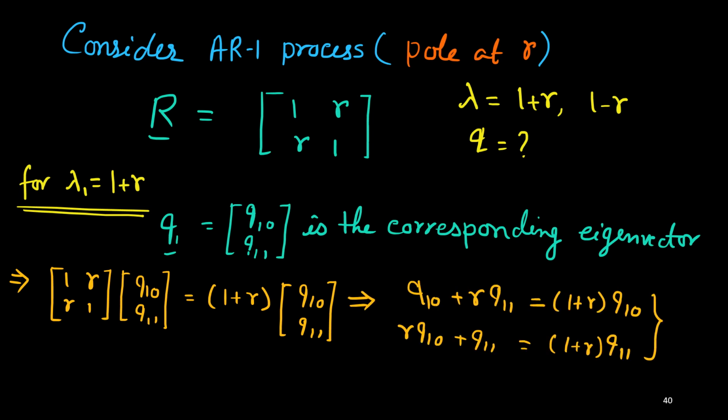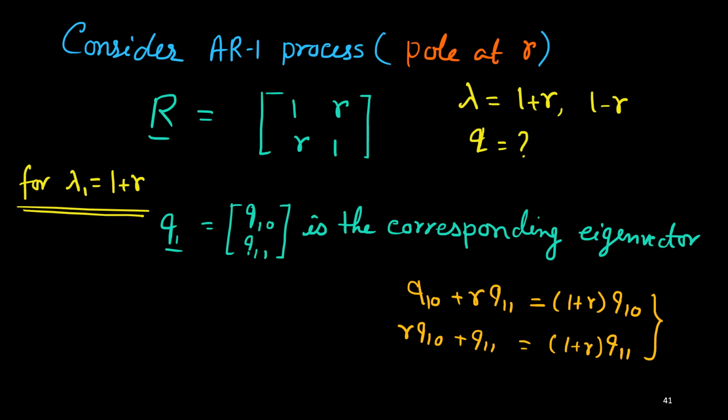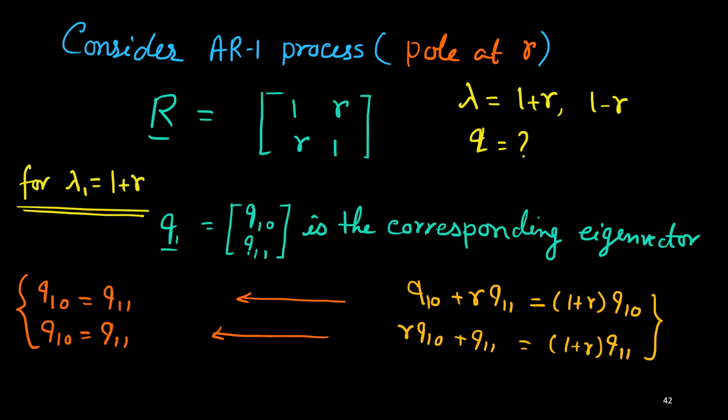These are the two equations we will get. Okay, and from these two equations we'll try to find out the eigenvectors. Now these two equations will give you the same result. If you simplify, this q10 will cancel, then r times q10 on the left side equals r times q11, that means q10 equals q11.